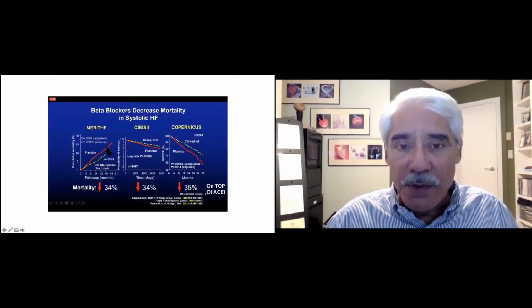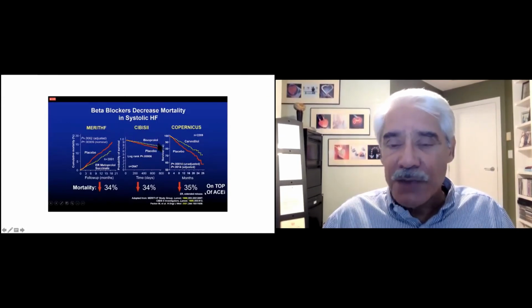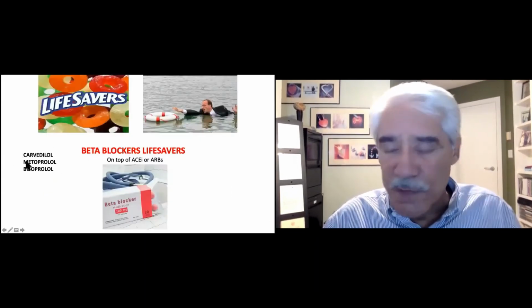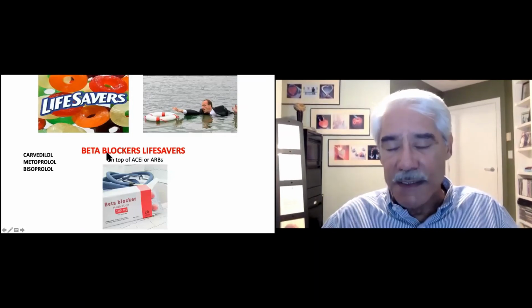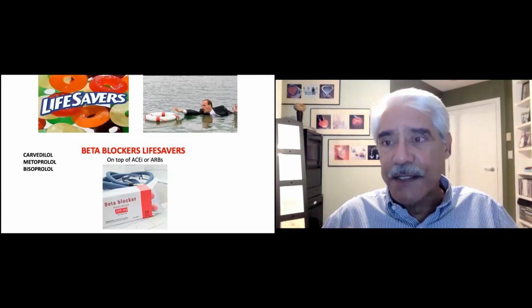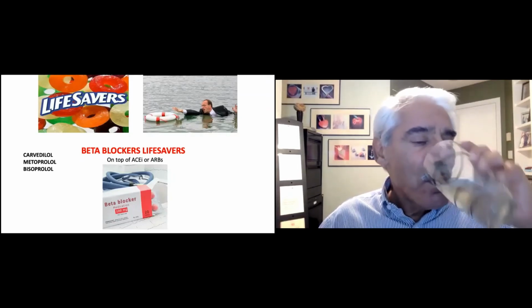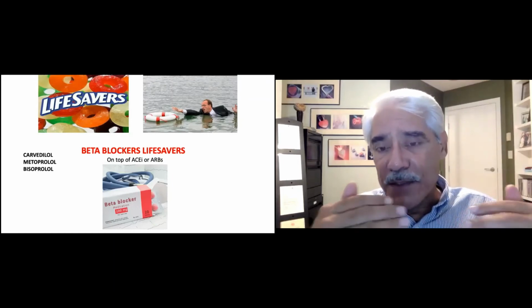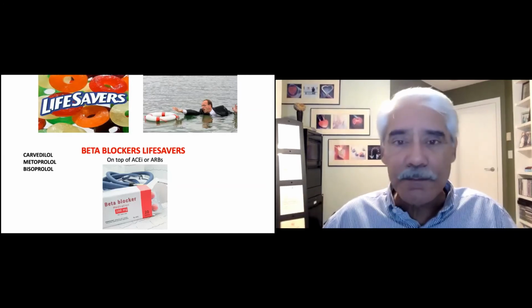And metoprolol showed a similar benefit, and bisoprolol showed a similar benefit. So there are 3 beta blockers, which now are in the group of what we call lifesavers. And these improve mortality on top of patients already receiving ACE inhibitors. So we have an additional benefit of blocking the sympathetic nervous system on top of blocking the RAS system.